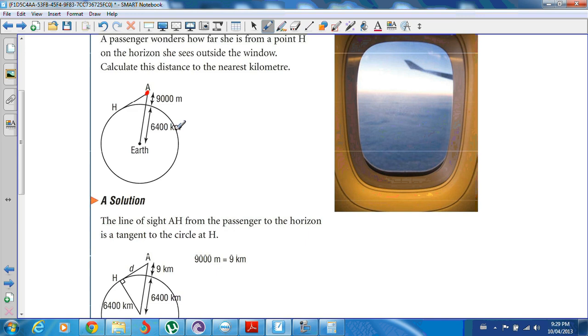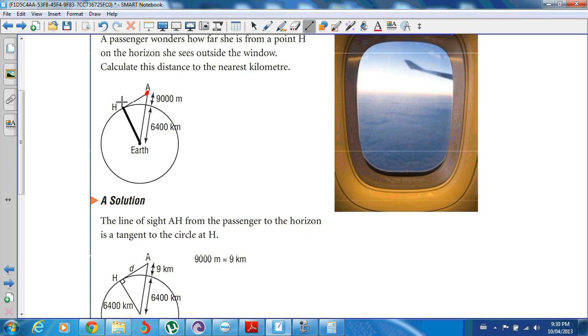6,409 kilometers. We don't know what this distance is from here to the horizon, or from the airplane to right there. But if we create one more line going from right there, this is a tangent line that goes from here to here, because it's just touching the horizon.